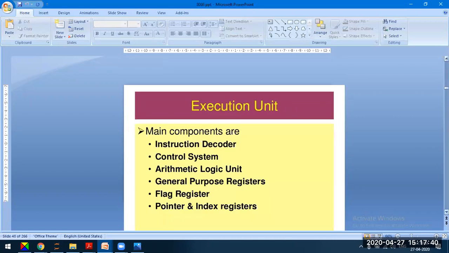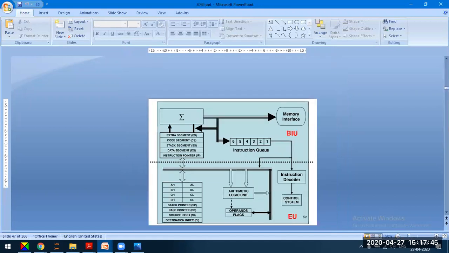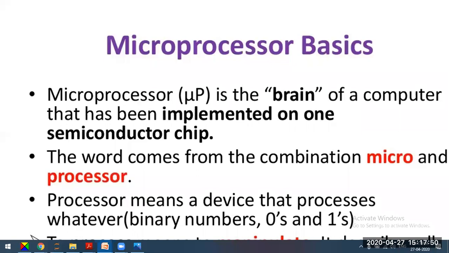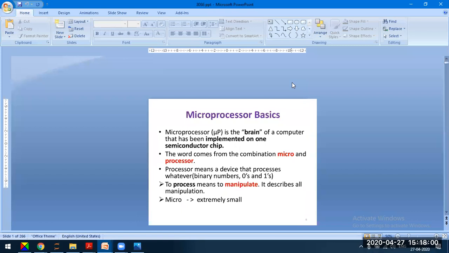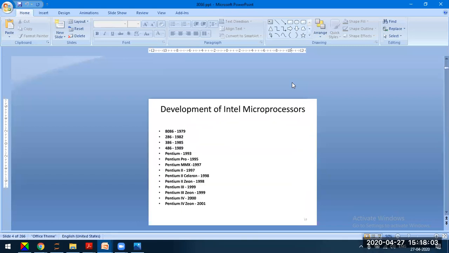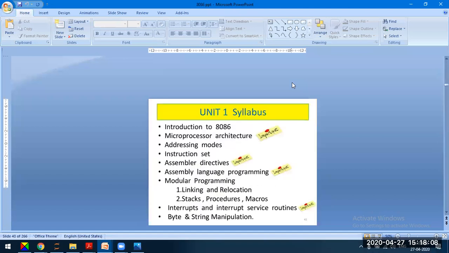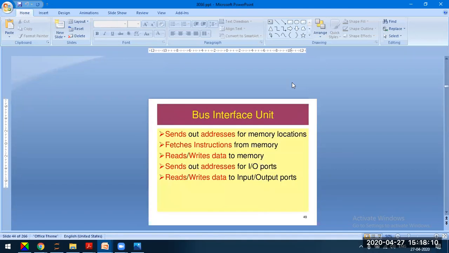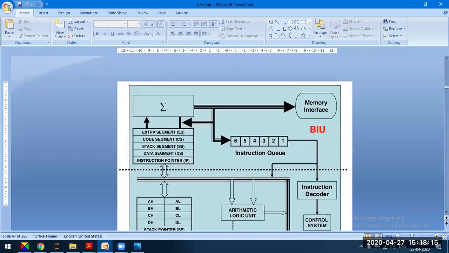Let me try to fit it to the page so that we can comfortably see. If I do F5, just a minute. Okay, let us look into the architecture. I'll zoom it here only. That is better.